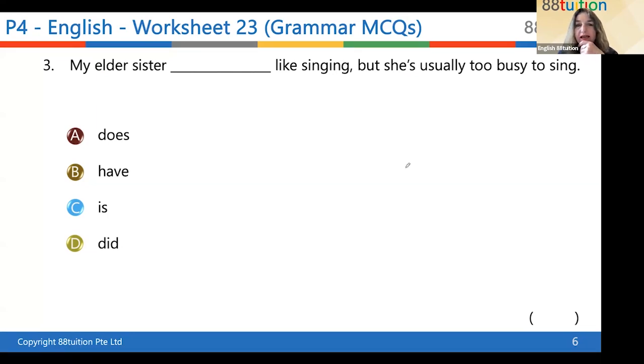That's why she doesn't have classes. And you say she does like singing. So it's like you're contradicting somebody else when you use does and did. That's when you are contradicting someone. So Lavanya, I don't think you like ice cream. I like ice cream, but my mother doesn't allow me to eat it often.